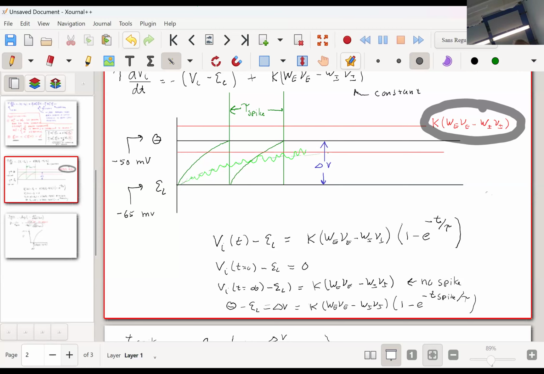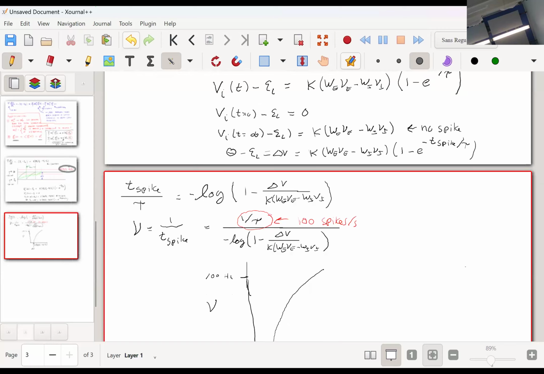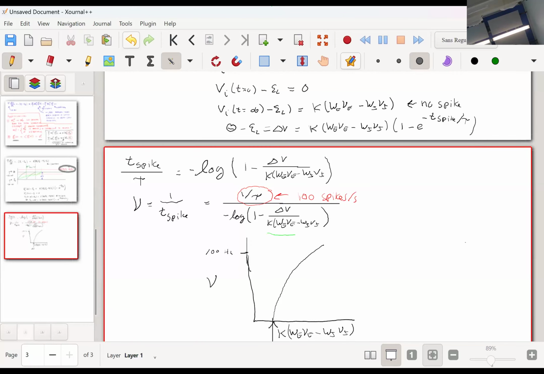So even when neurons are fluctuating, even when this quantity here is less than delta V, which means in a no fluctuation case there'd be no spike, there can actually be a spike. So the true story is this curve actually goes like this. So the green is no fluctuations.